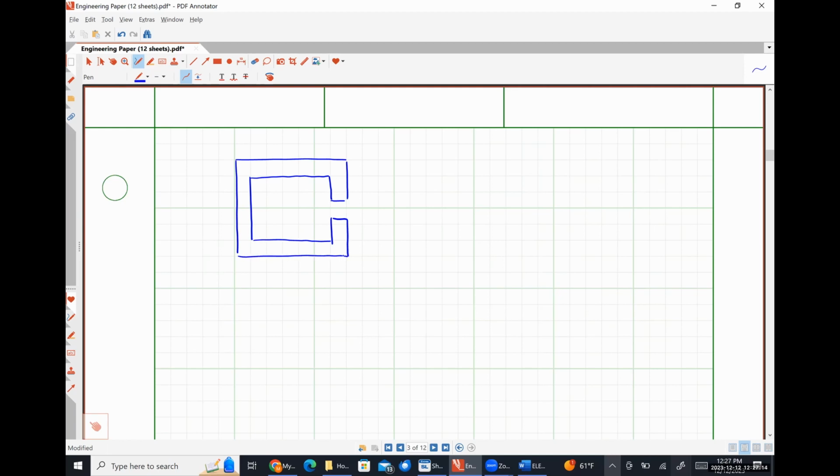So here is our core. We're going to wrap a wire around it, like so. We're explicitly saying that our current is time varying now, and that our coil has 500 turns.